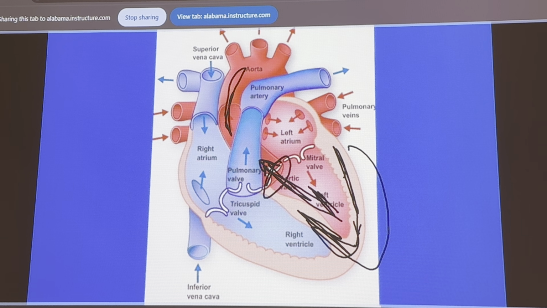If I'm not getting out that blood as efficiently as I should, there could be a couple different things. Remember, when that left ventricle beats, it pushes it through the aorta, but then where does it go? To the body, right? Okay.